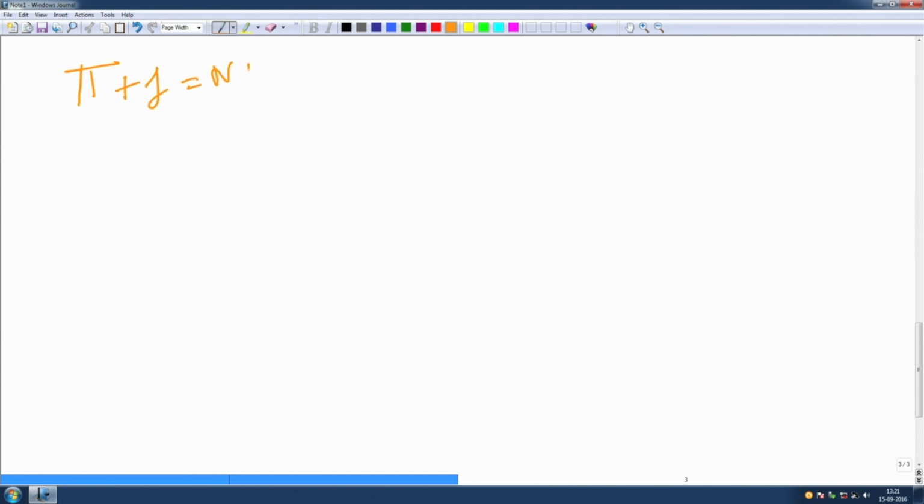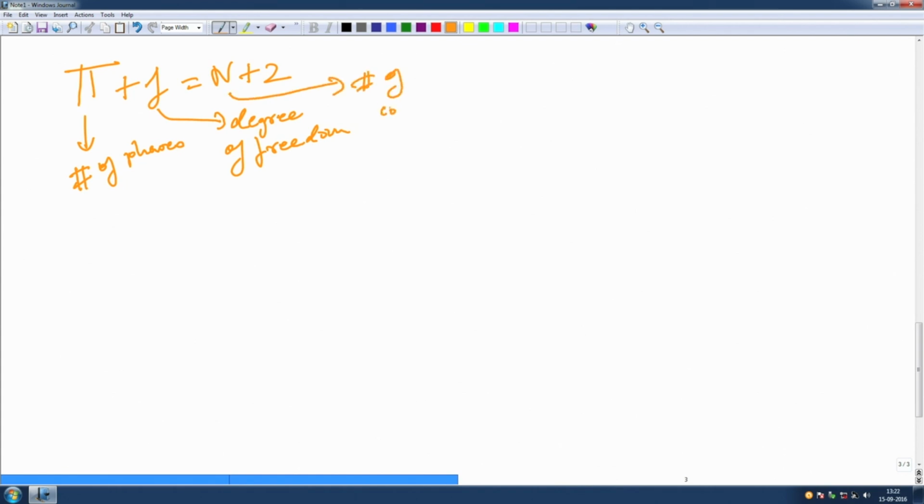n plus 2. Now, what are each of these things? This is the number of phases, this is the degree of freedom, this is the most important thing. These are the number of components. As I said, a multiphase system can also be multi-component, the number of components of the system.